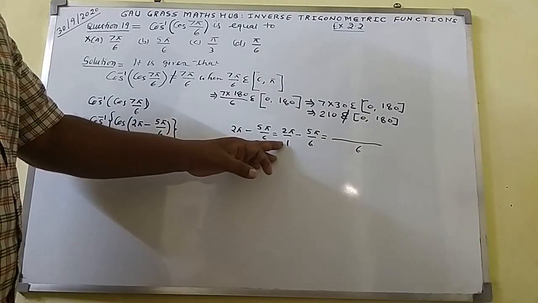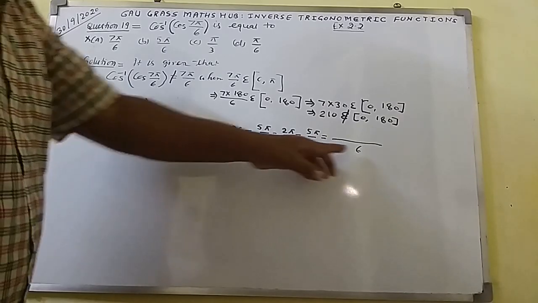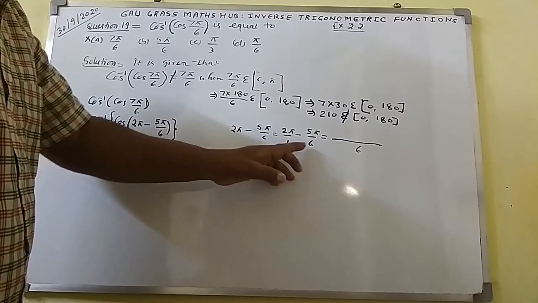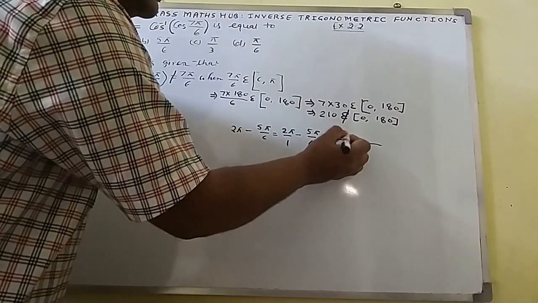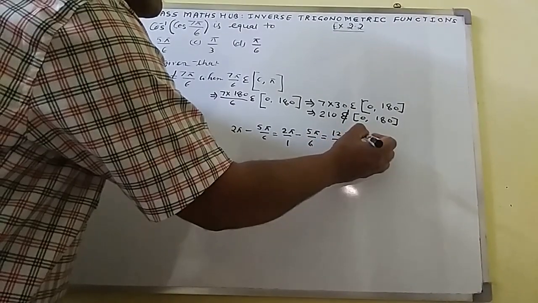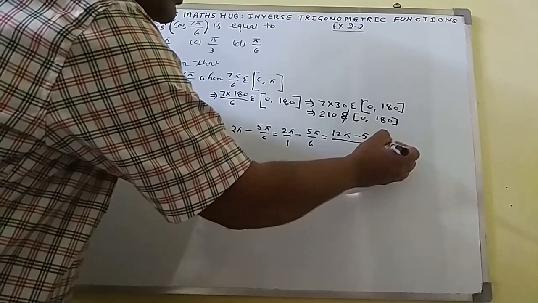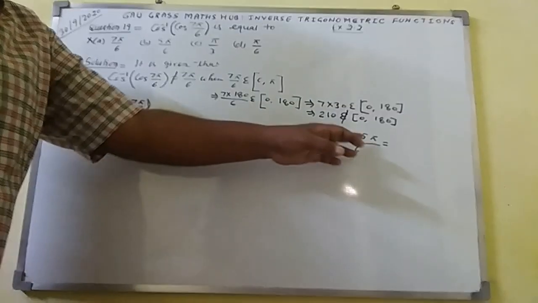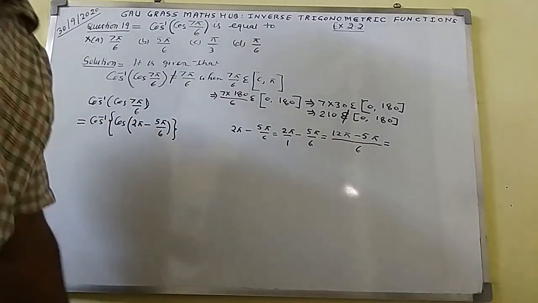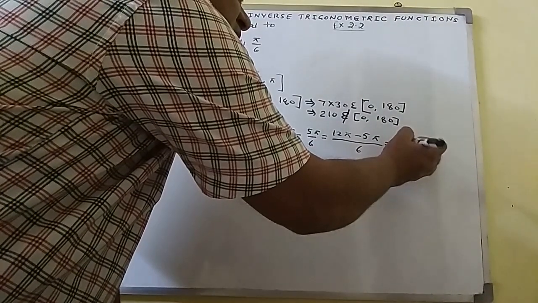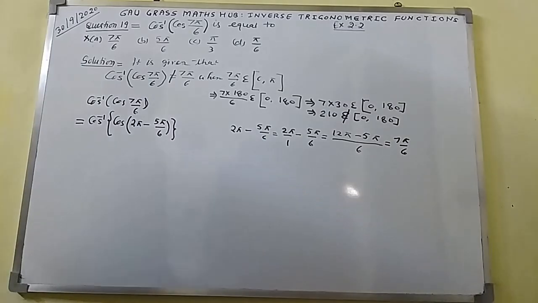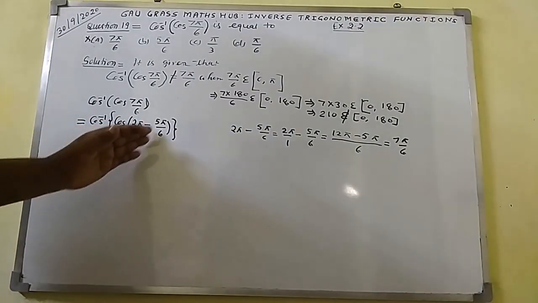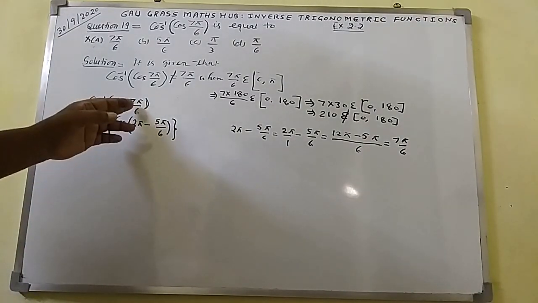Here 1 multiplied by 6 becomes 6, and 2 multiplied by 6 becomes 12. 12 pi minus 5 pi comes out to be 7 pi by 6.